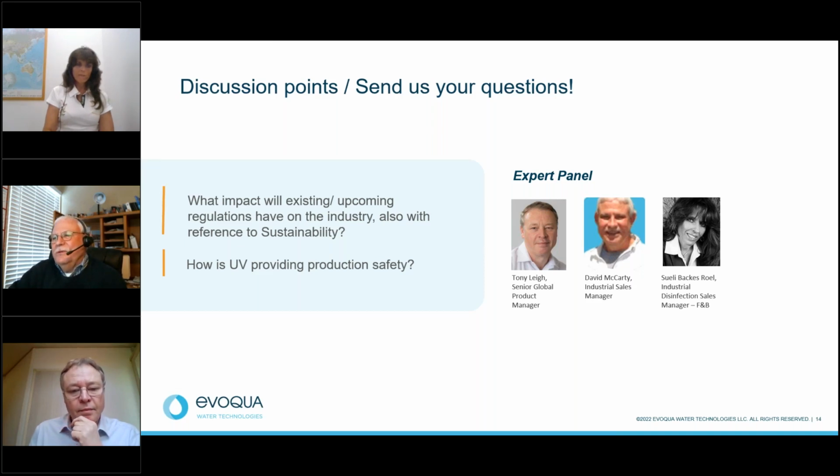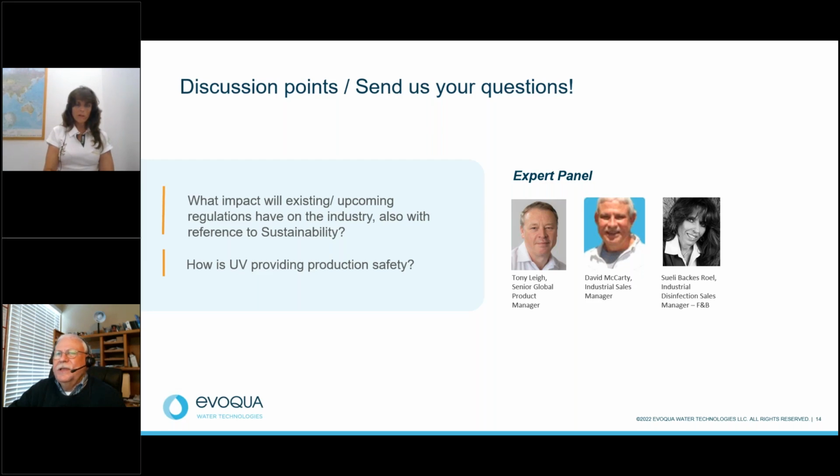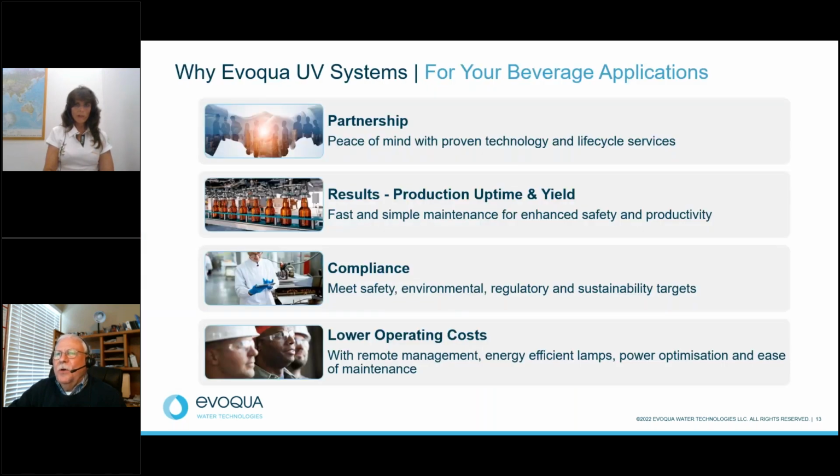Without using chemicals, we minimize the use of chemicals, and chemicals are also associated with personnel safety. So that's one of the areas that we promote with UV, although every different type of disinfection technology that we offer also has a lot of safety issues for not only the products, but also the plant personnel.